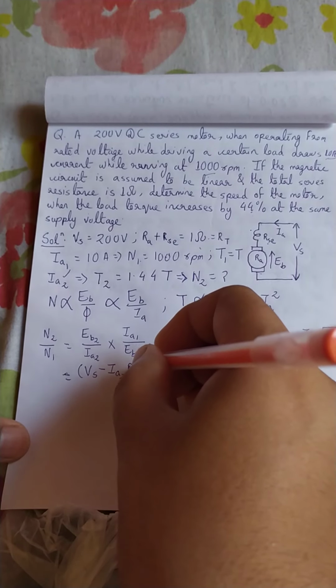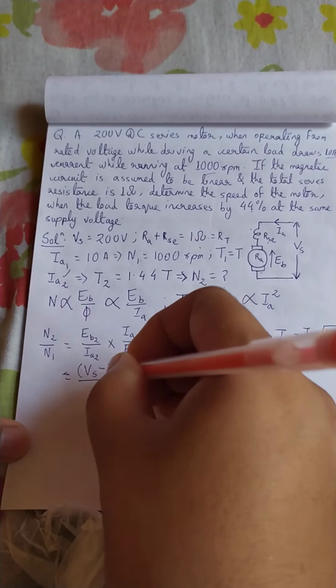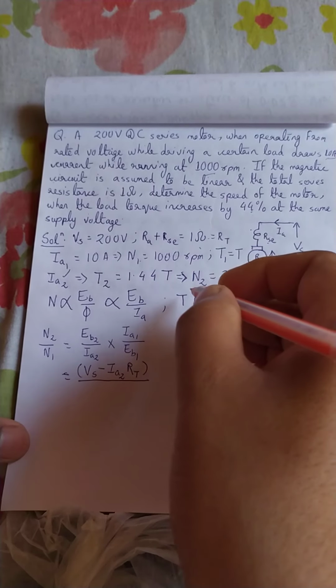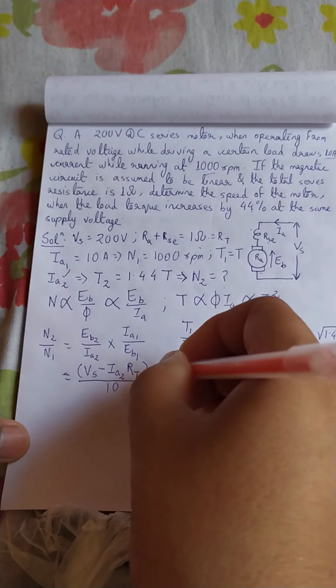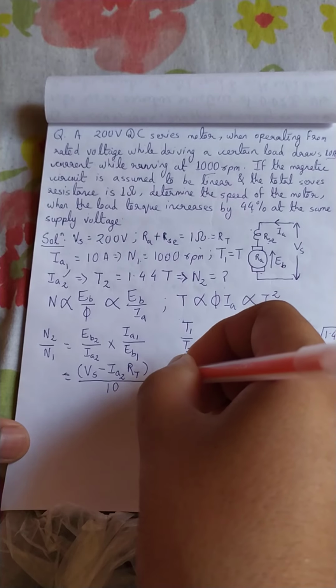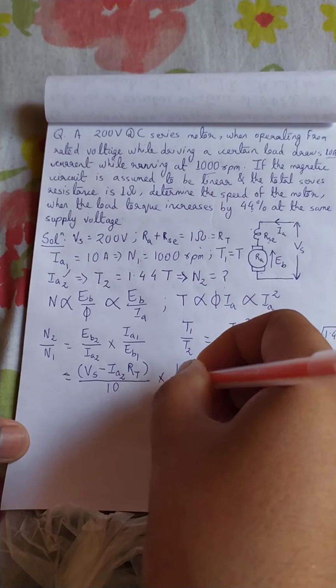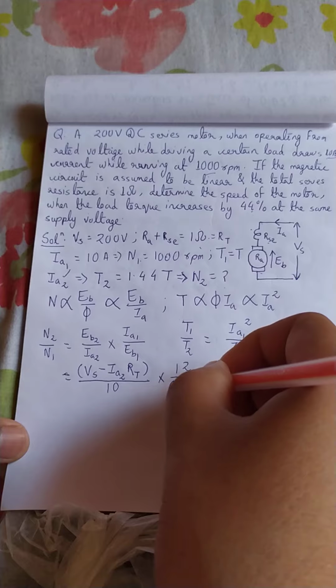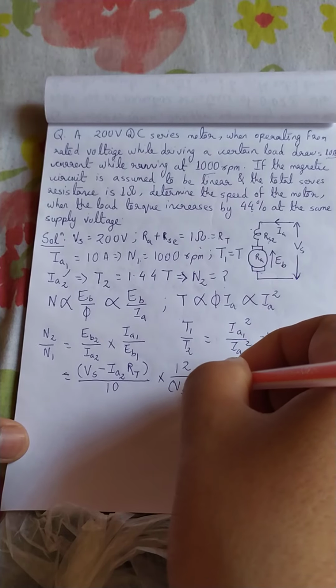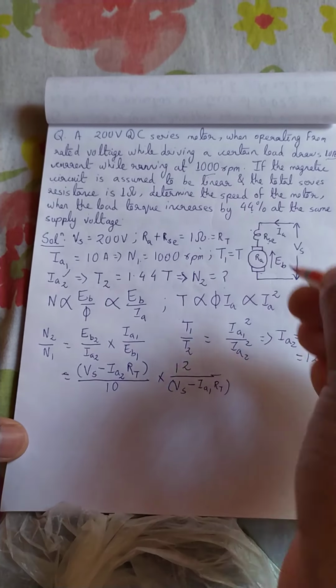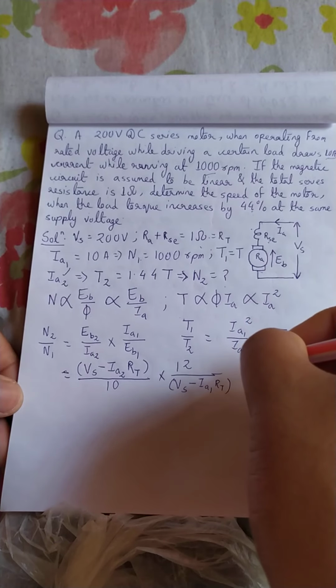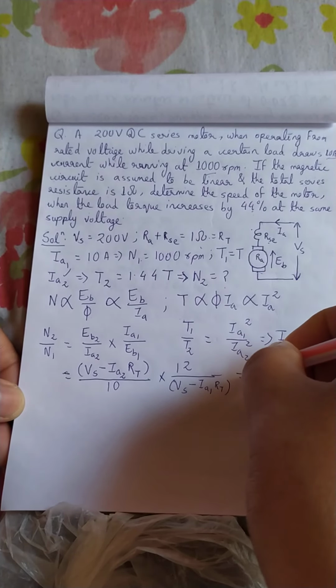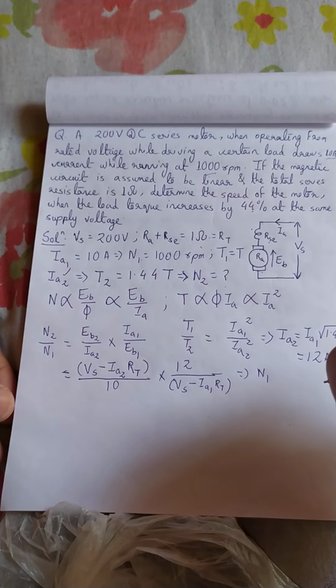So this should be RT divided by IA2. IA2 is given, so that is 10 into 12 by Vs minus IA1 into RT.